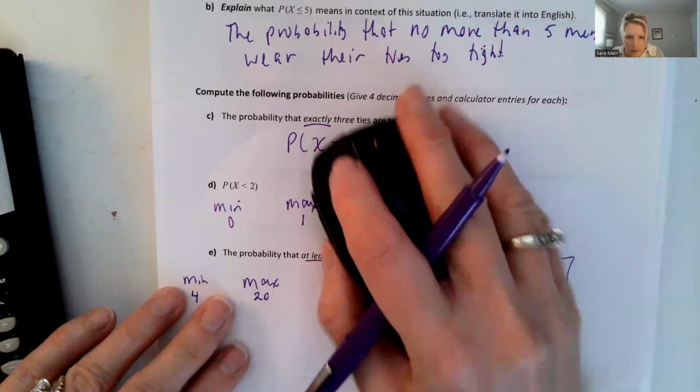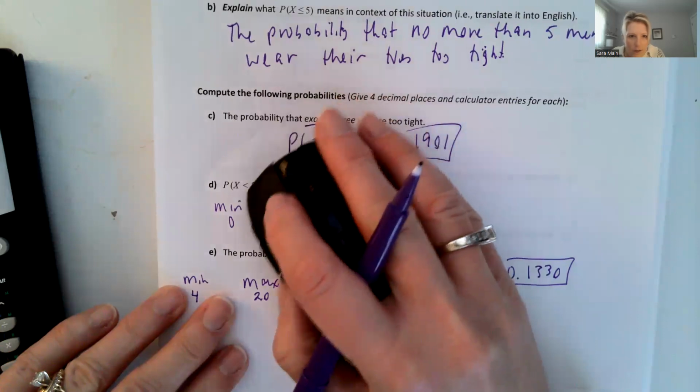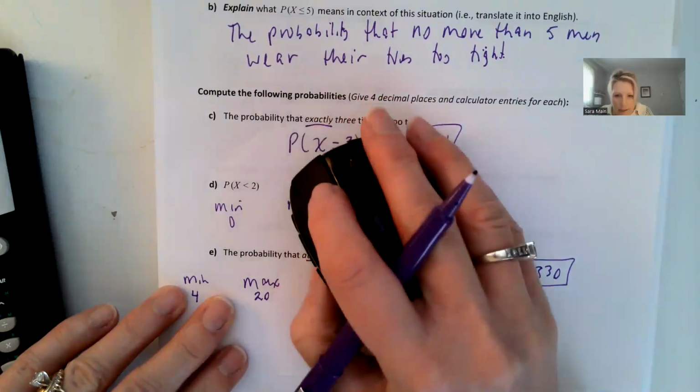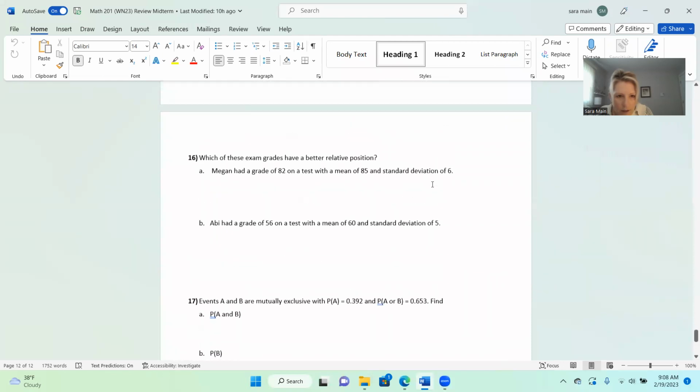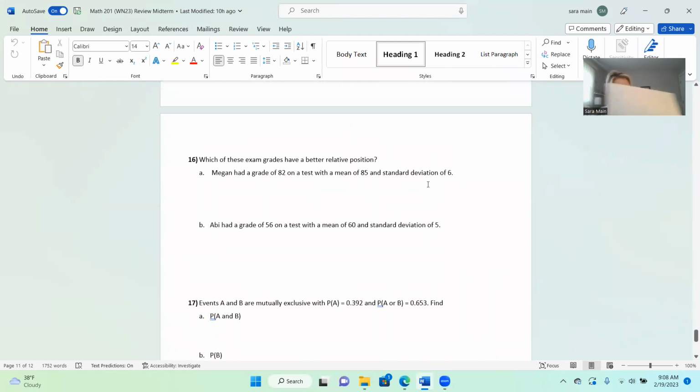Okay. So questions 16, 17, and 18 are right here. So question 16 says, which of these exam grades have a better relative position? And so we learned that relative position can be measured using a z-score.